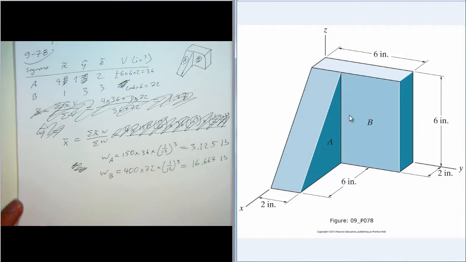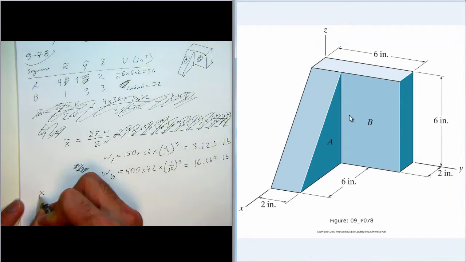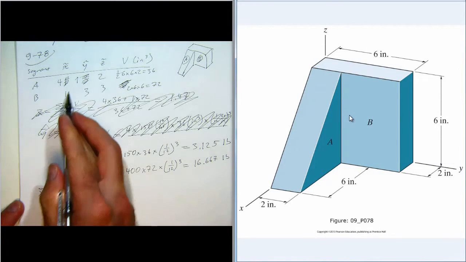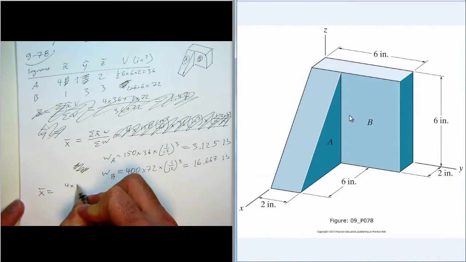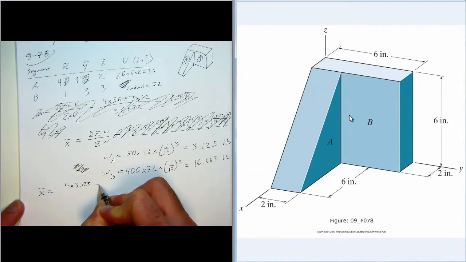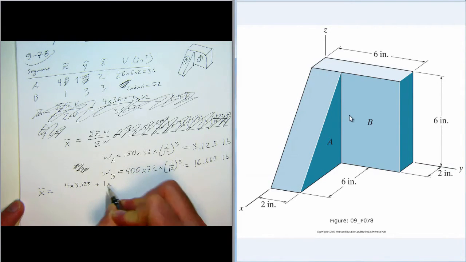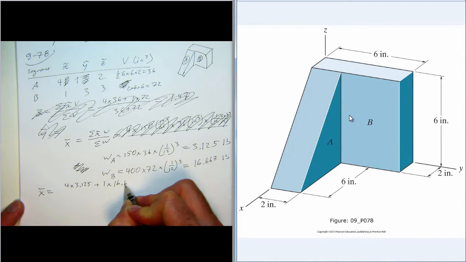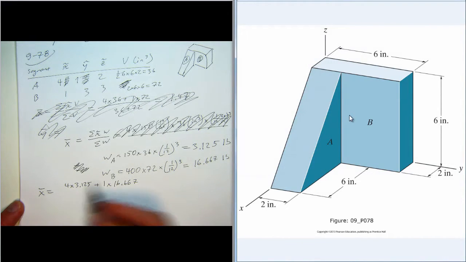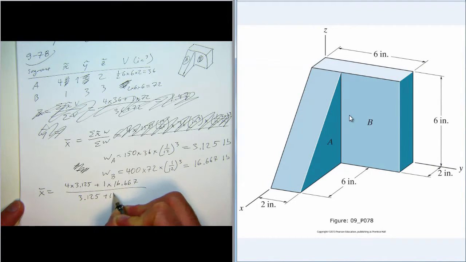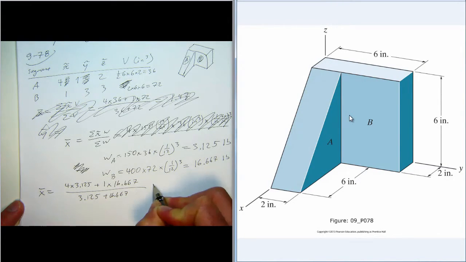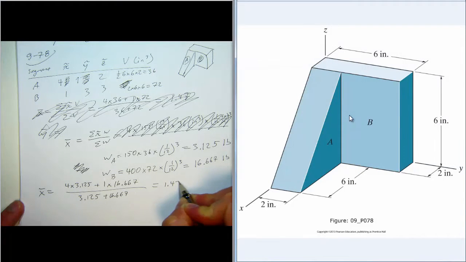Okay, so x bar, again, now we have 4 times 3.125 plus 1 times 16.667. So we have x tilde A times weight of A plus x tilde B times weight of B, divided by weight of A plus weight of B. And that's 1.47 inches.